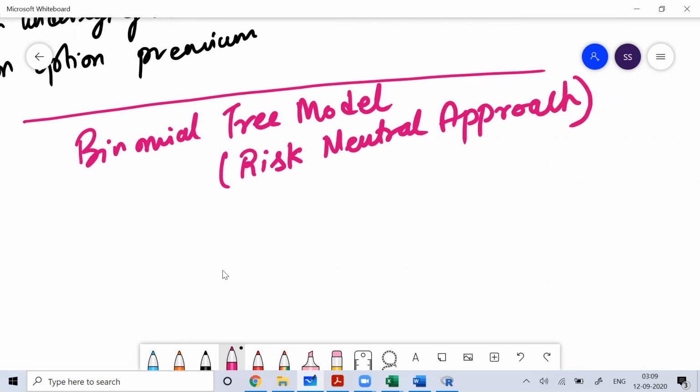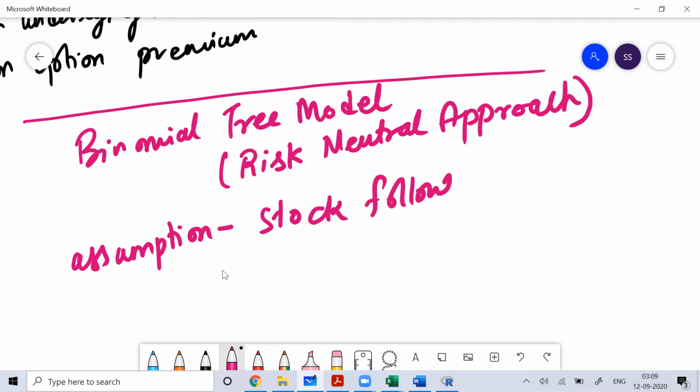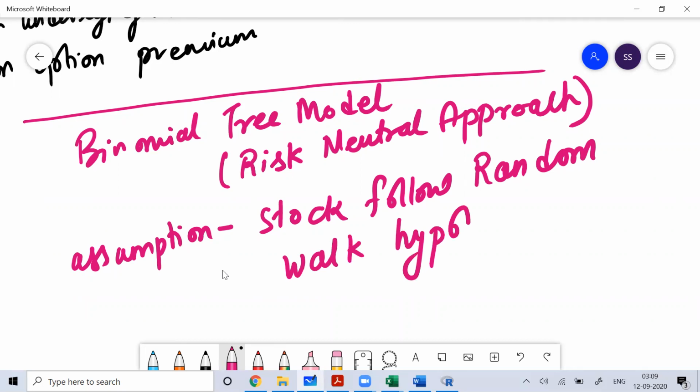Here the assumption of the binomial tree model is that the stock follows the random walk hypothesis.